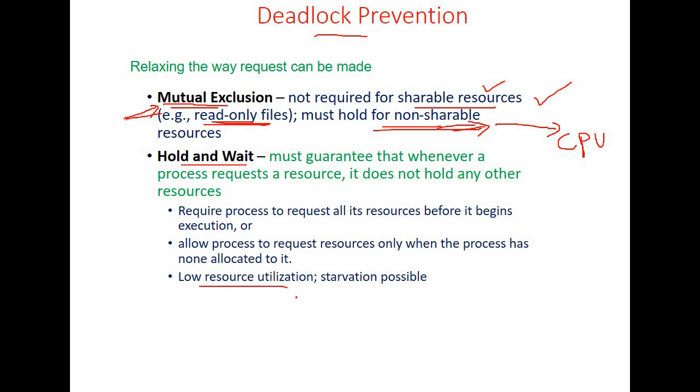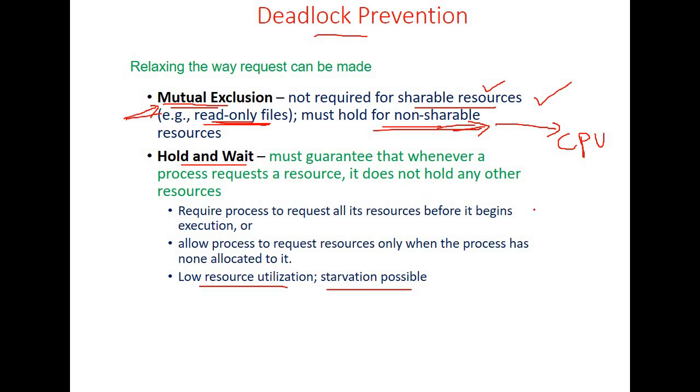Because of this, there will be low resource utilization, and starvation is also possible because a process is waiting for some of the resources, and if any of the resources are not available, it has to wait for a long duration of time until all the resources are available. Then only it can get allocated to that process.